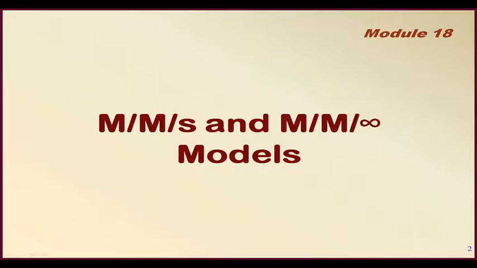Now today let us look further into two categories of queuing systems, particularly multiple servers, MMS, and a special case of the multiple servers which can be called the infinite servers or the self-service model.